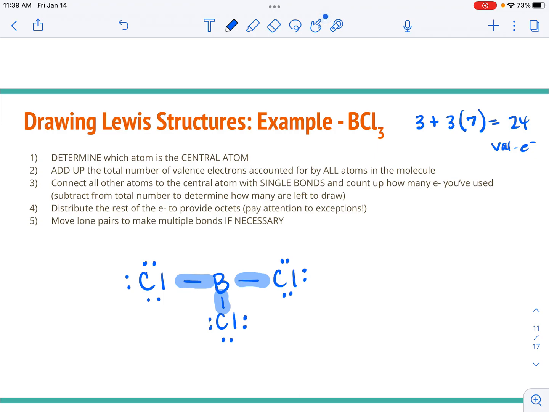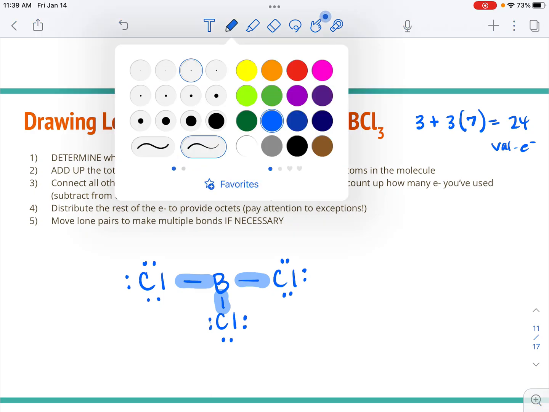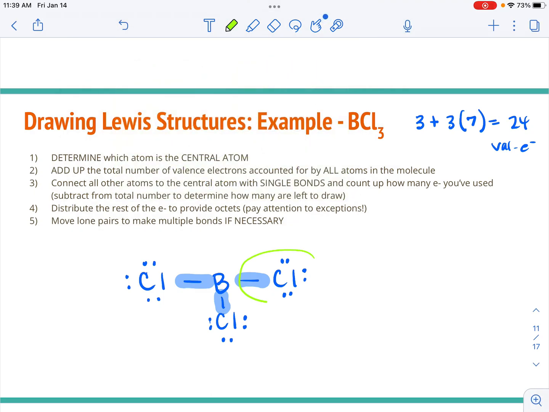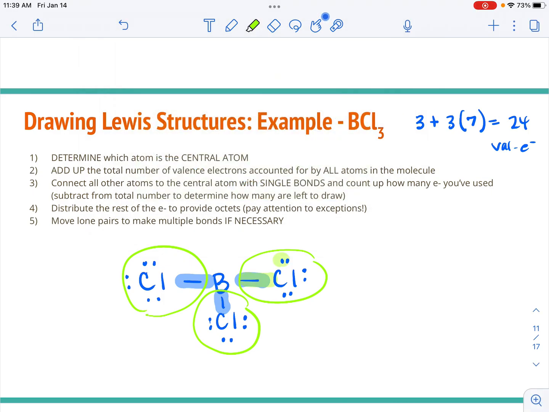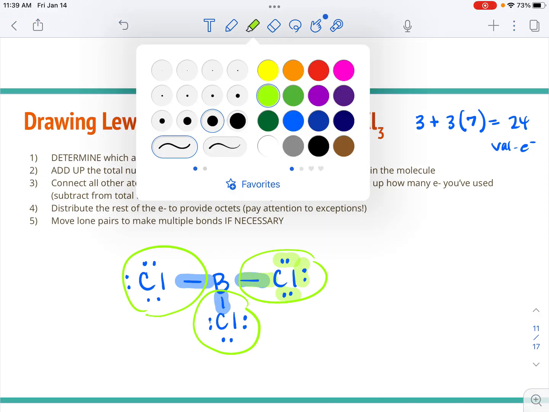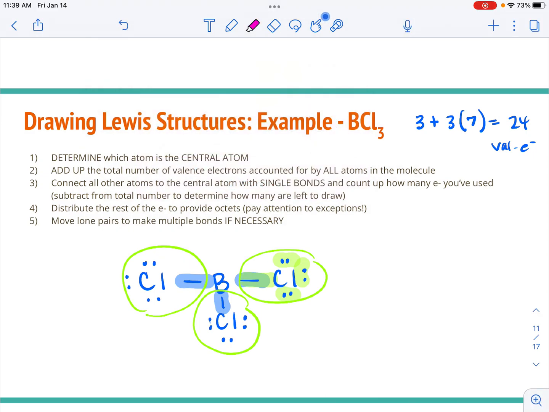Okay, so I've connected everybody. I've distributed the rest. I'm going to check my octets. So when I look at this, I can see that each of these chlorines looks the same, and they each have 2, 4, 6, 8, so we're good. I'm going to come in and check the octet on the boron.